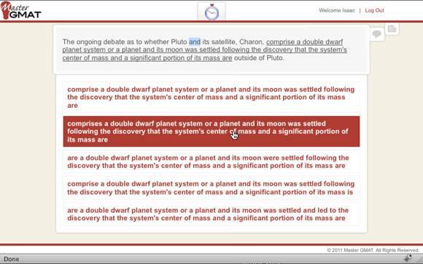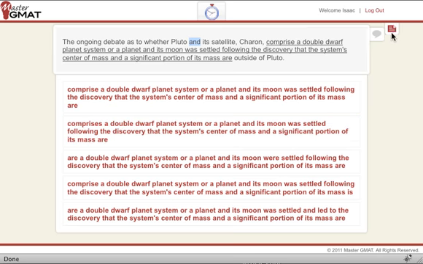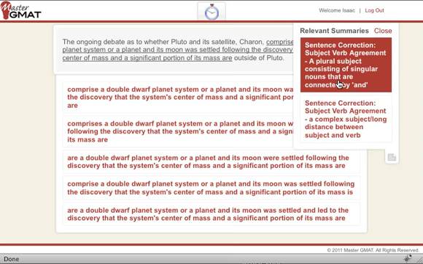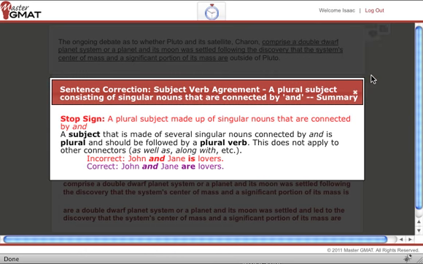However, if you're not sure, by the way, at the end of the question, you can always check the summary. This is a cool little feature we have. Basically, this is a little summary of the lesson that the student will have already learned. But if the student forgets, they can click on that. It's the relevant lesson for this particular question, and you get a nice little summary and the stop sign, which explains exactly what is going on.